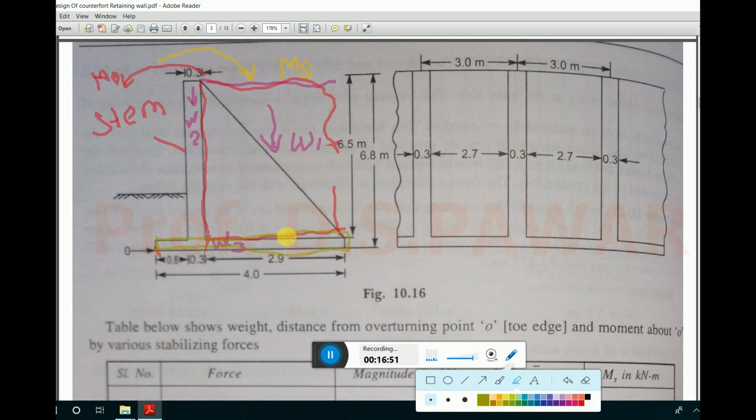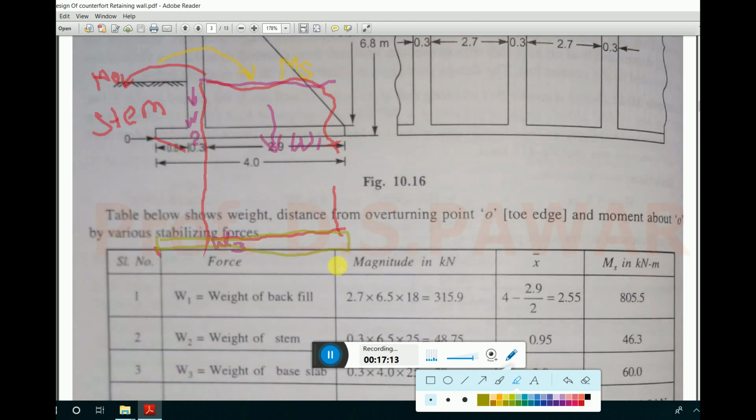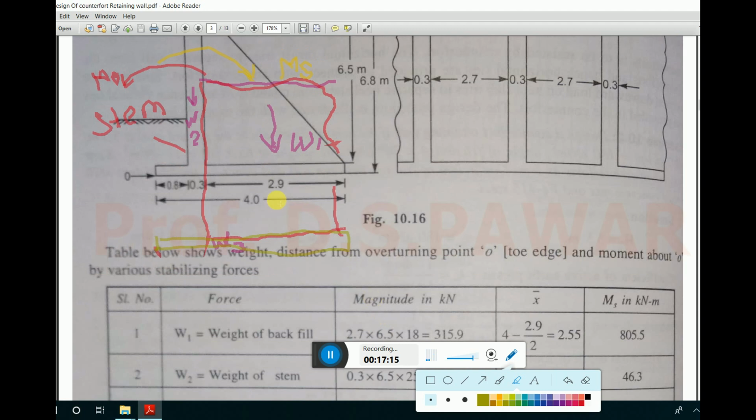To get the volume we need the total height, which is 6.5 meters, and the width for the W1 calculation is 2.9. So 6.5 into 2.9.